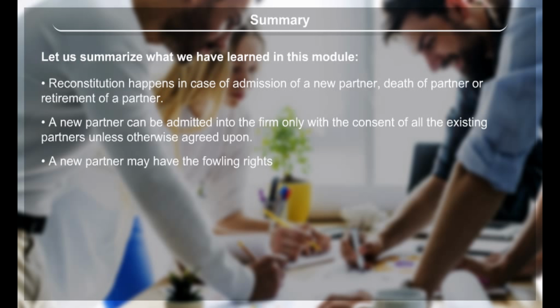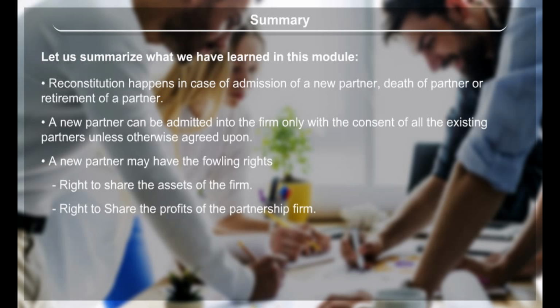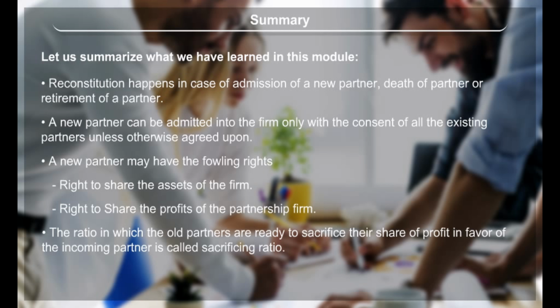A new partner may have the following rights: right to share the assets of the firm, and right to share the profits of the partnership firm. The ratio in which the old partners are ready to sacrifice their share of profit in favor of the incoming partner is called sacrificing ratio.